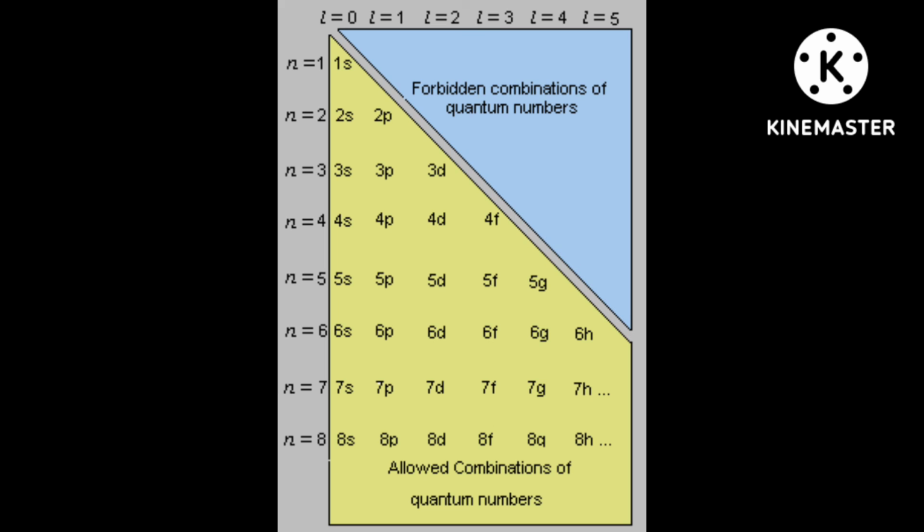Then here what happened: in 1925, George Uhlenbeck and another scientist, Samuel Goudsmit, proposed the presence of the fourth quantum number, known as the electron spin quantum number S. Sometimes Ms is also written, but generally small s.